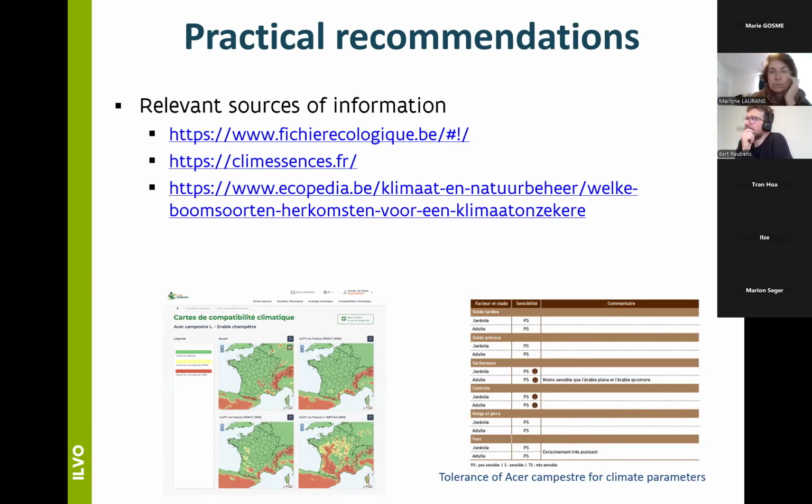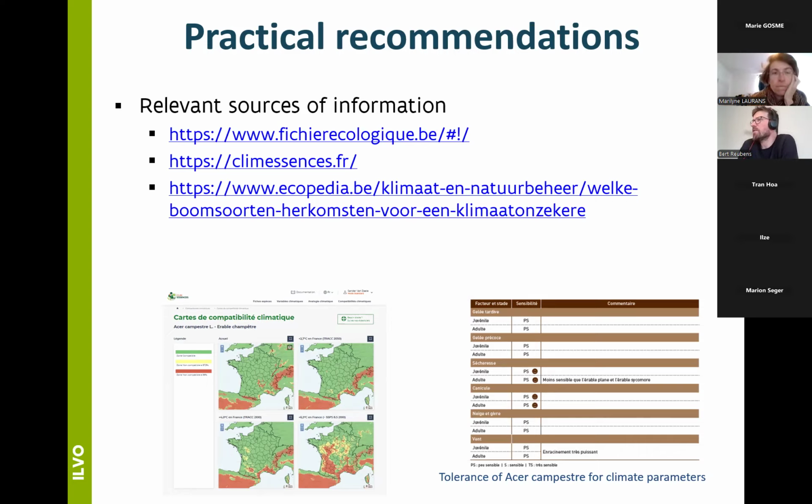And this is my last slide, just a few logical, practical recommendations. There are quite some interesting sources of information if you want to, besides the tools, of course, the digital interactive tools which we present today, which can provide a lot of information on tolerance of species for climate parameters. Just a few examples. In Belgium, there is the Fichier Écologique, a Walloon source of information for which you see on the right down corner a screenshot for the tolerance of Acer campestre, for example.